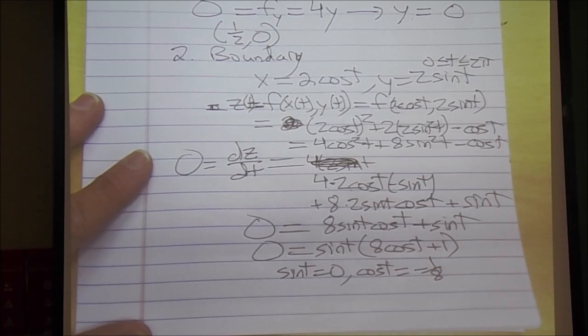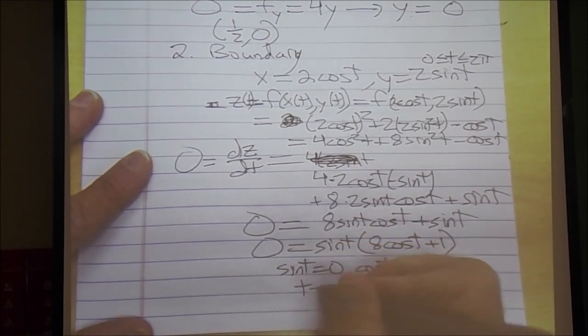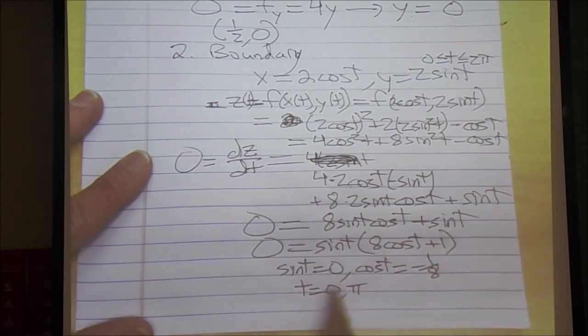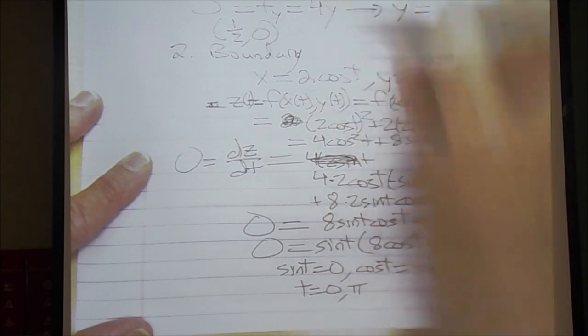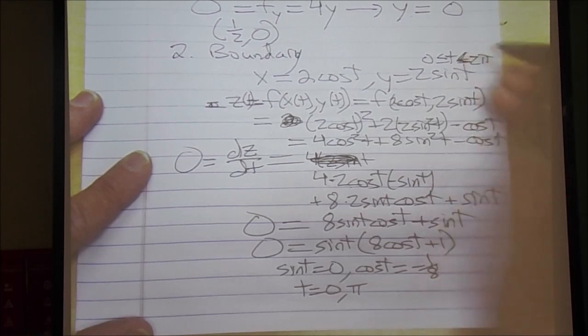So there are the following points we need to check: t equals 0, or t equals pi, or t equals 2 pi, but that's back at the same point, (2, 0). We go around, we can say t greater than or equal to 0 and less than 2 pi, and sweep out all the points once.